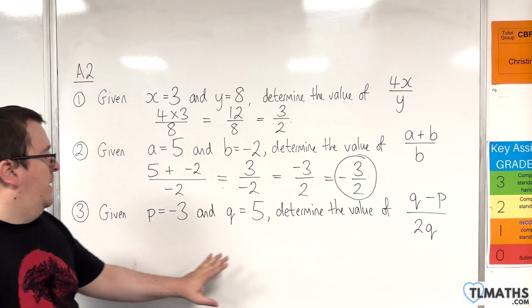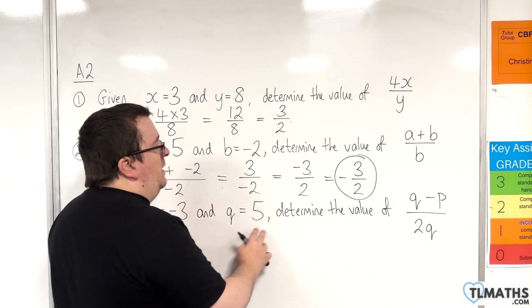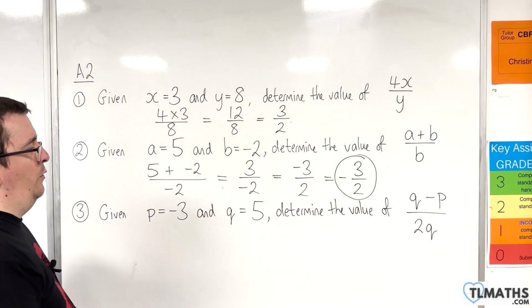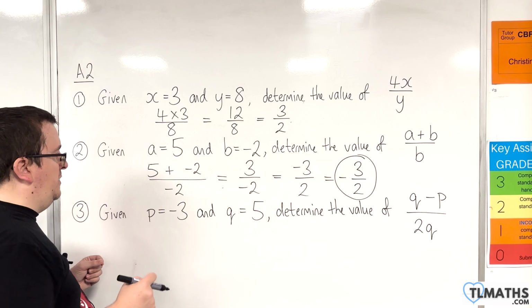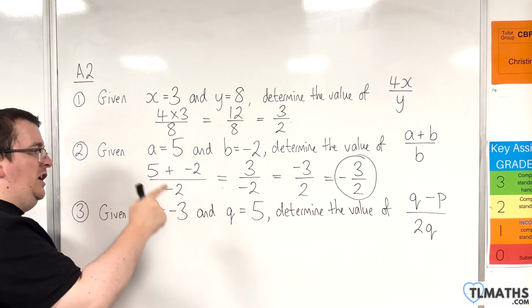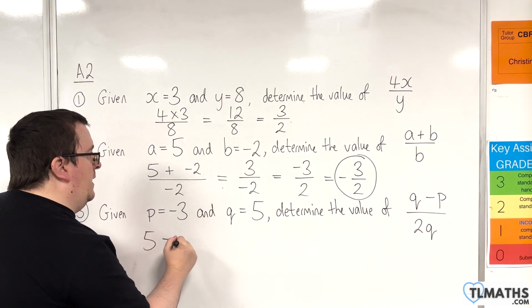Right, number 3. Given p is minus 3 and q is 5, determine the value of q take away p over 2q. So let's just substitute everything in and see what we have. In the numerator, we've got q take away p, so 5 take away.